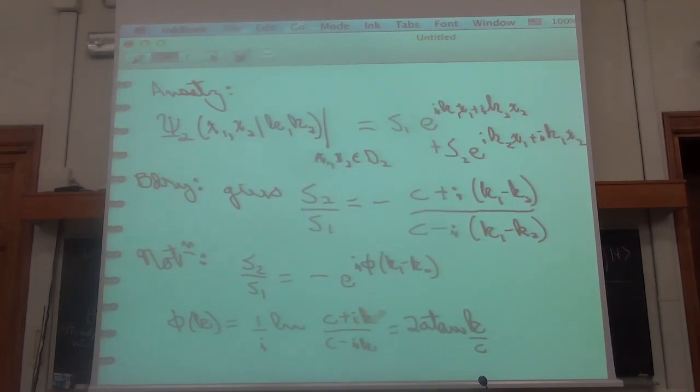So this is like fermions. When you have infinitely repulsive bosons, they will have signatures of being fermions. In fact, these signatures exist for any non-zero C, and that's reflected in the fact that this minus sign is conveniently popped out. It's one way of writing the equations.